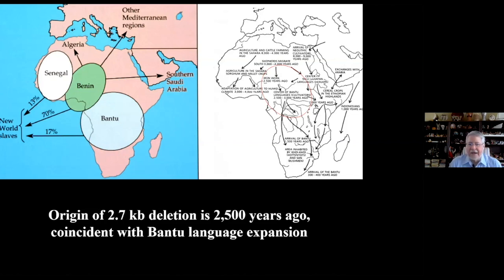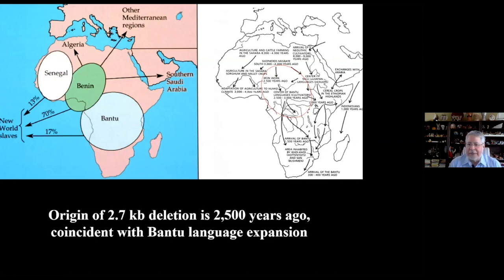In fact, we think, and we've been able to trace this particular OCA2 change in African Americans probably to the Bemliki people in Cameroon, where it became a marker for a royal lineage.